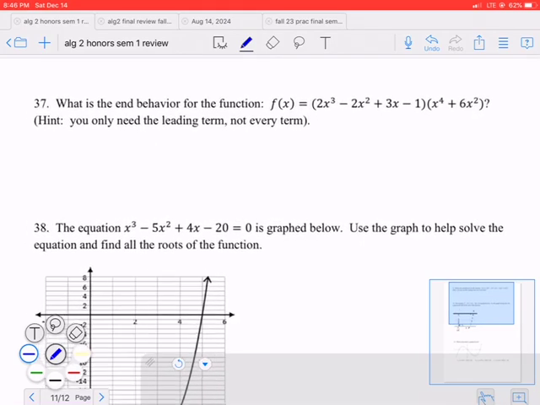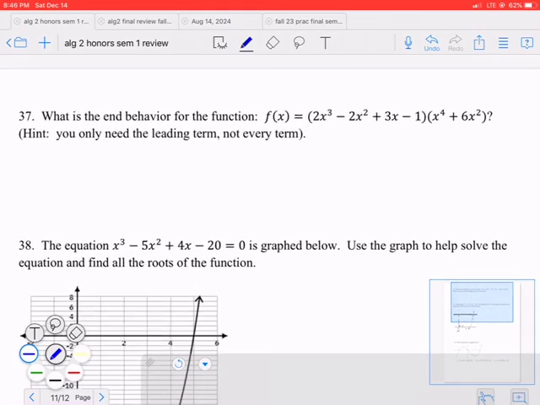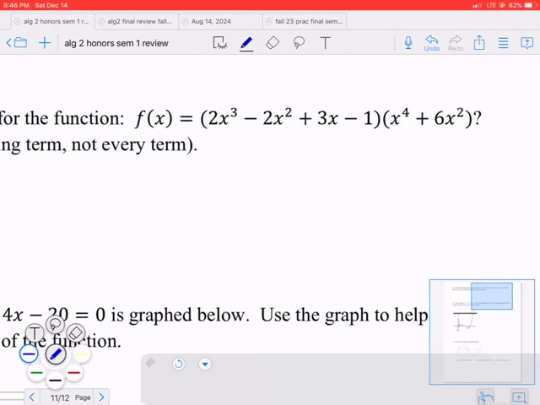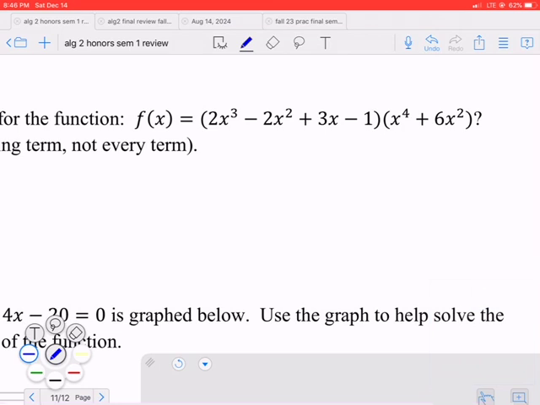And end behavior. So to know the end behavior, you need to have them in standard form, so all multiplied out. So I'm going to look for the biggest degree, and I'm just going to multiply that, 2x to the 7th, because that would give me my leading term. So it's a positive 2, and the degree is odd.